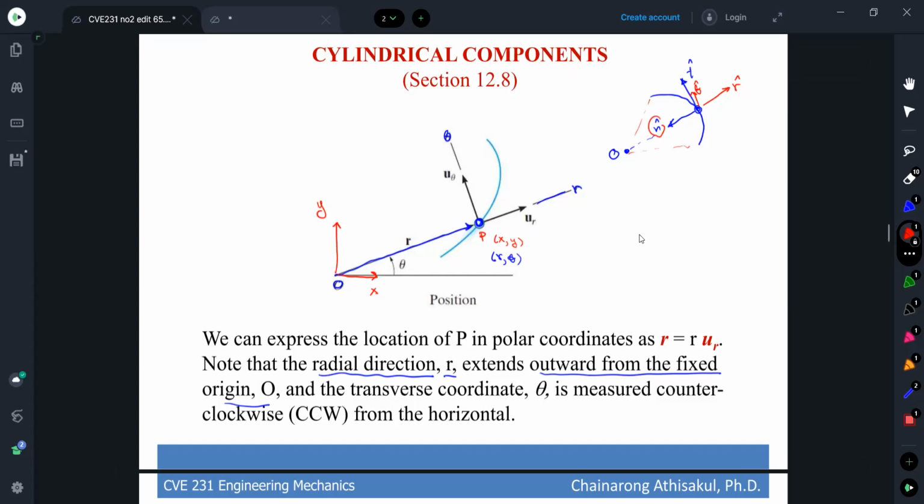The radial direction is outward from the fixed origin O, and the transverse coordinate theta is measured counterclockwise as positive from the horizontal.